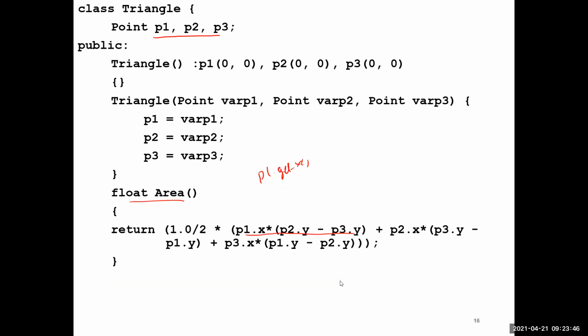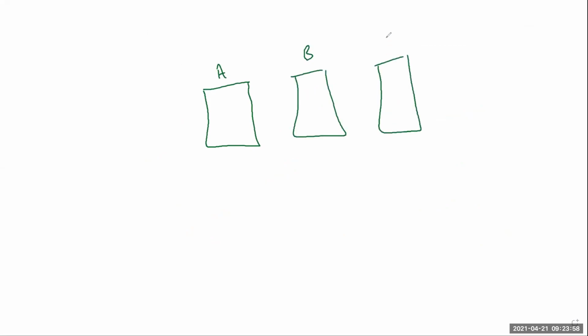So one more note before we conclude this topic. We have done this example with 2 classes. Now suppose we have 3 classes, A, B and C, okay. And we say B is a friend of A, and C is a friend of B. So just like you did previously, can you give me a yes or no answer?